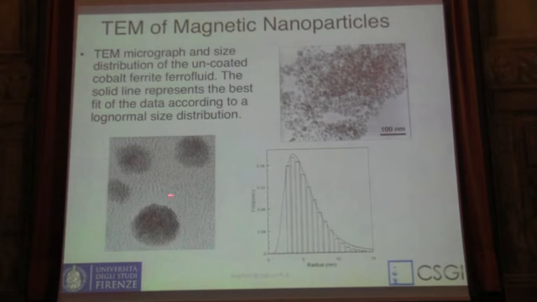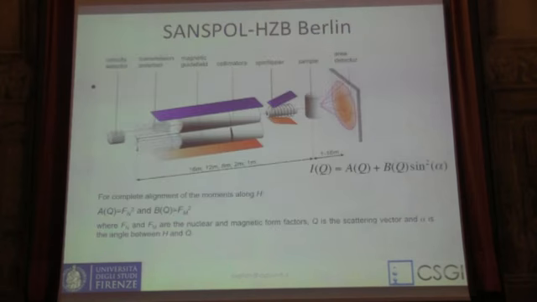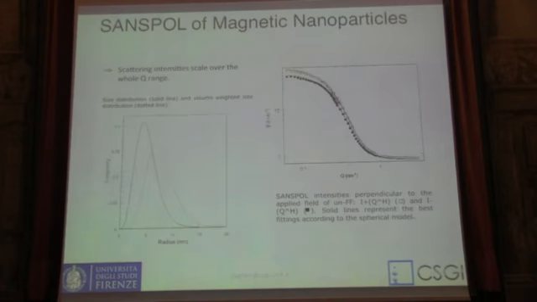Then you have this particle, but you don't know if this particle is the particle you want. In principle, usually we don't do that, but in principle you have to, at least the first time, investigate the magnetic domain inside the particle.